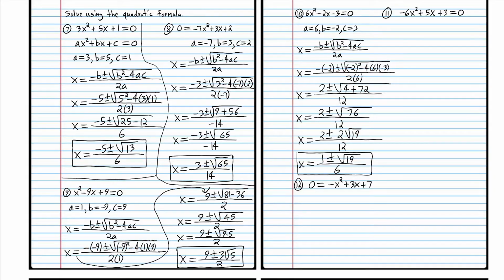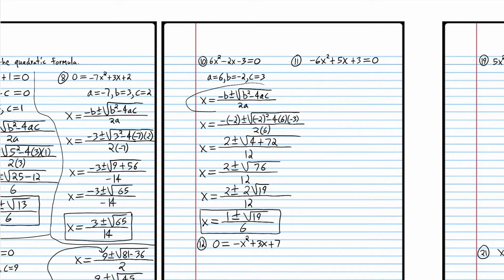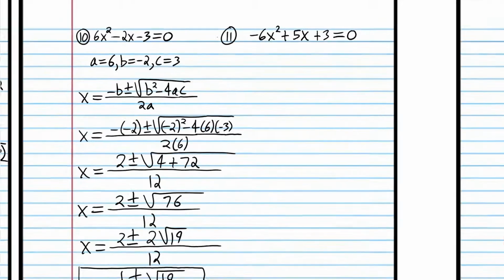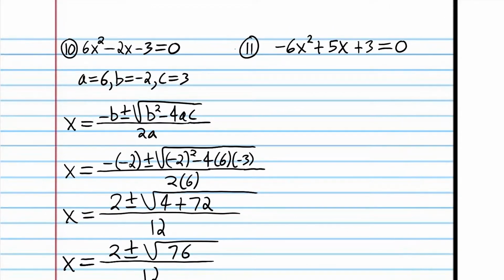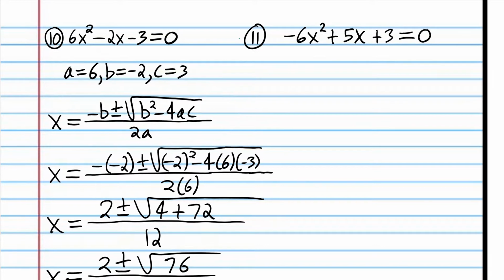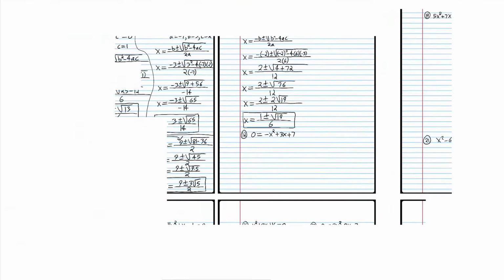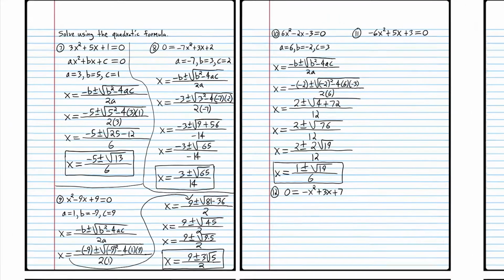Just remember that this is going to be A, this is going to be B, and this is going to be C. But I do want you to write this formula, because the more you write it, the quicker it's going to be for you to remember that formula. And also, you need to show the tool that you're using. Later on in your math education, you can probably get by without having to write this formula every time you use it. But for now, I want you to keep showing the tool that you're using. So go ahead and try number 11, and when you come back, we'll do it together.